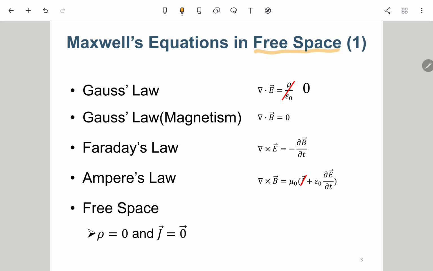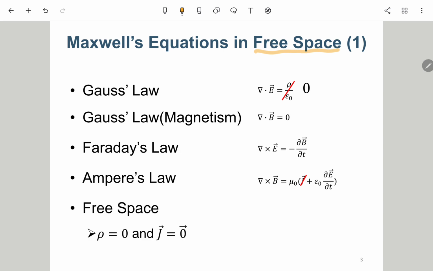The differential form may be more useful for computer software doing numerical solutions. But here we can still use the differential form to derive the PDE, that's the wave equation.